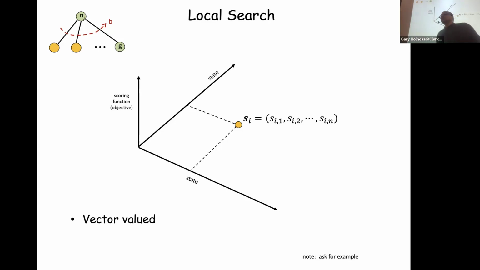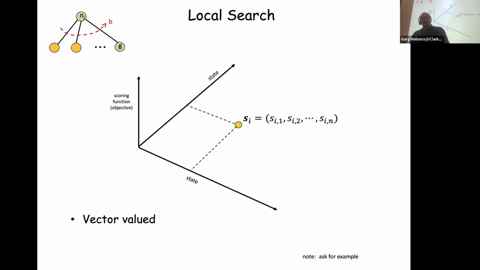If your move arrived upon a position in which a food pellet existed, that position in the vector, representing the true false eat status of that pellet, would change. So you can think of every state, if it's vector valued, as being an instantiation of values for each one of the positions in this vector.